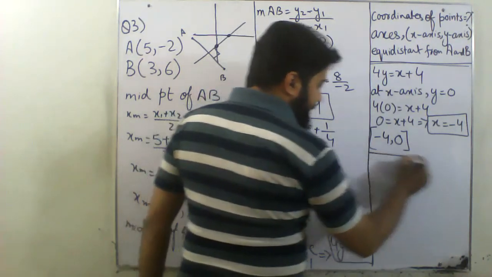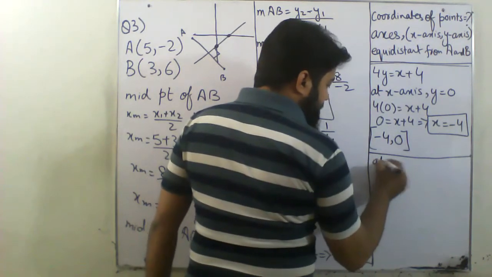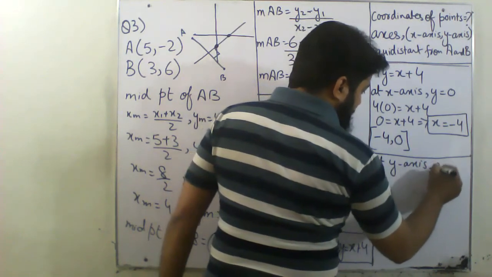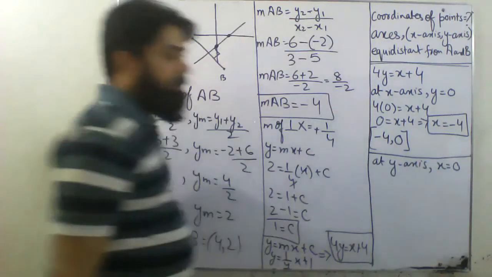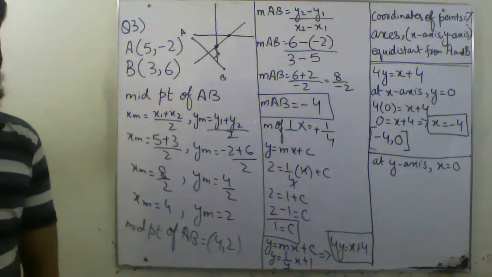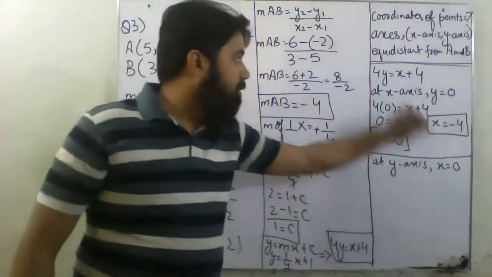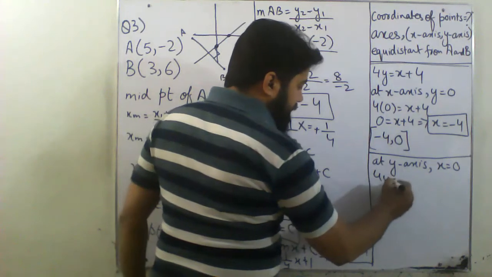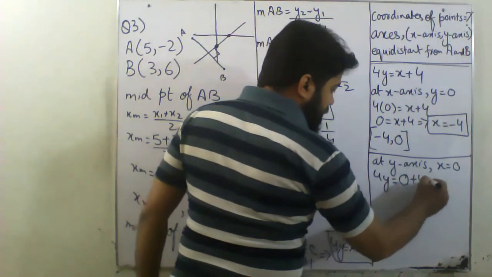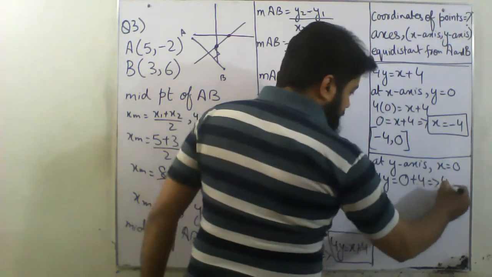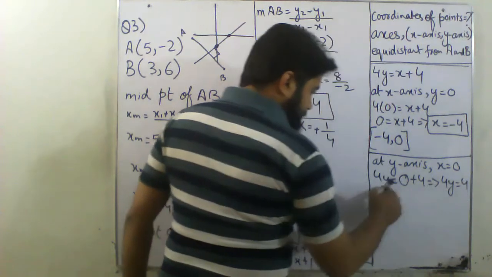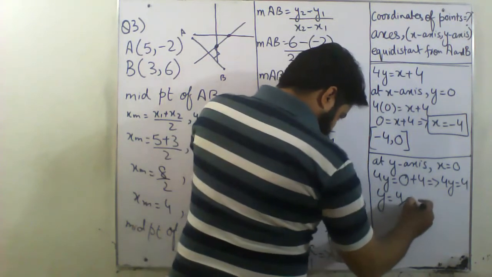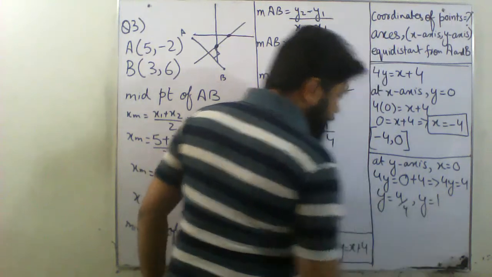In the same way, on the y-axis, what will happen? x will be taken as 0. So when I put x equals 0 in this equation, 4y equals 0 plus 4. 4y equals 4. The 4 shifted over here, y equals 4 over 4, y equals 1.